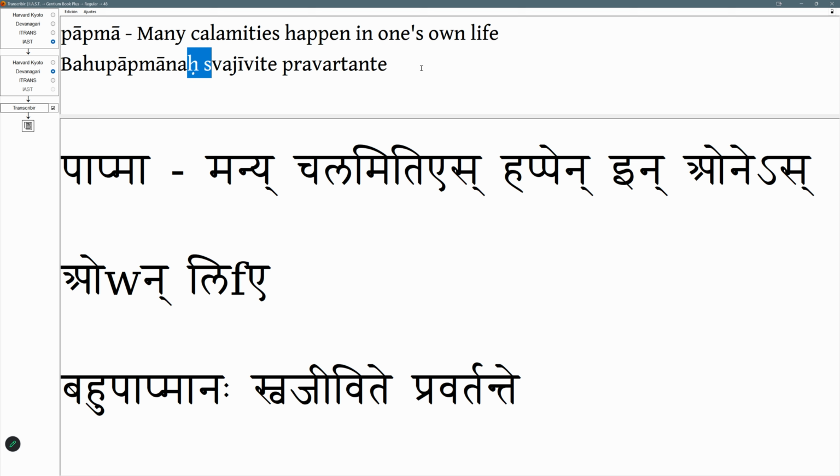Now, visarga in front of sa, no change. So, okay. Now we have to tell it, because papma means calamity, crime, sin. Porque papma significa calamidad, significa pecado, significa crimen. Now the translator DeepSeek will translate crímenes maybe, or sins, or pecados, crime, you understand?